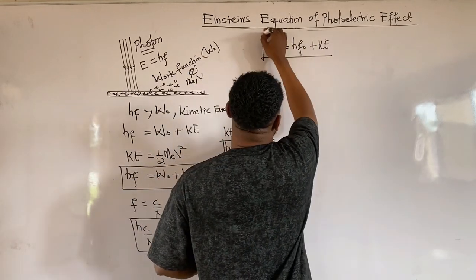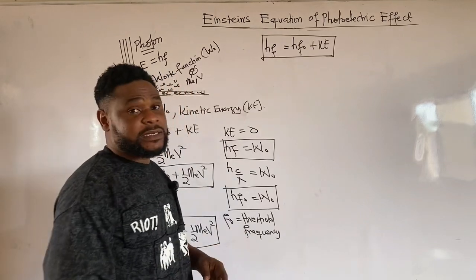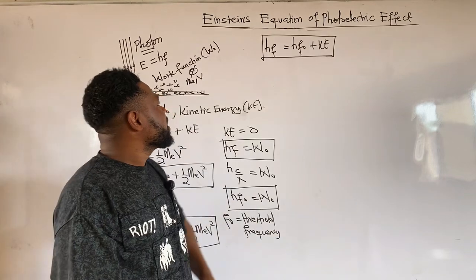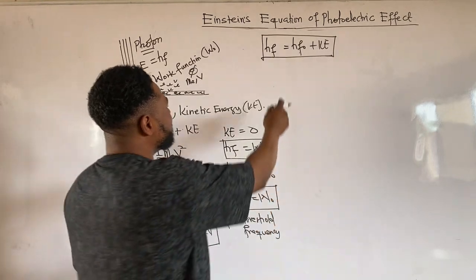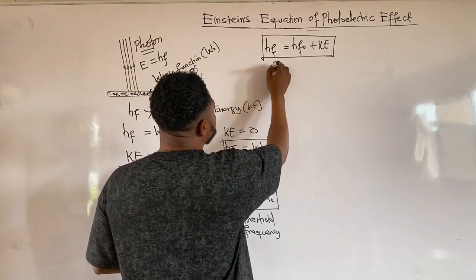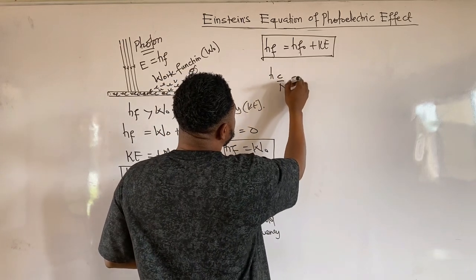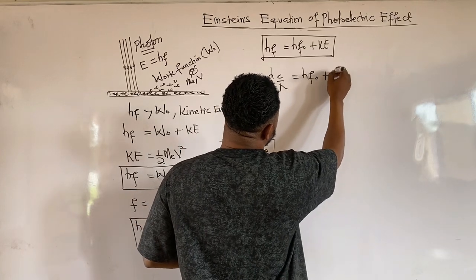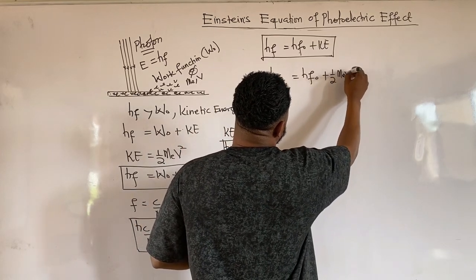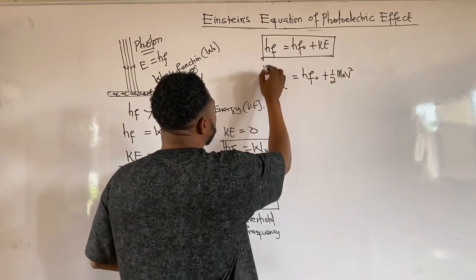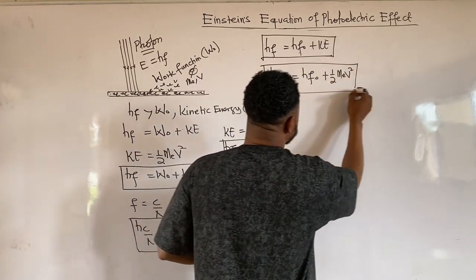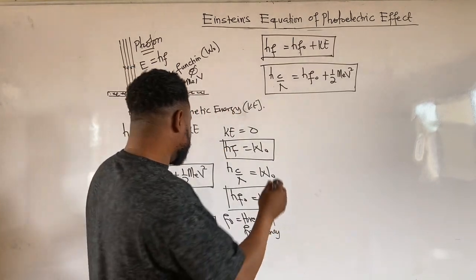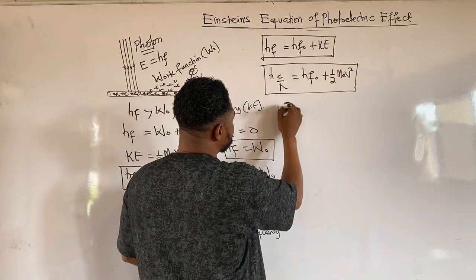So here too we can have a formula that exists between f and f naught with kinetic energy, which is half m_e v squared. So it's all about formula deduction. We can have these formulas based on how the question will be given and the type of formula we can use.